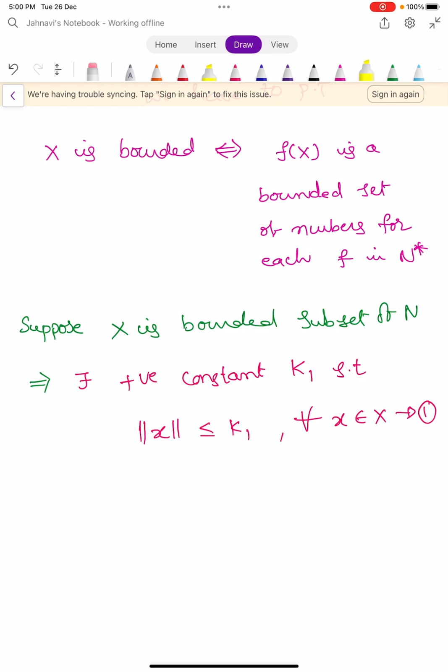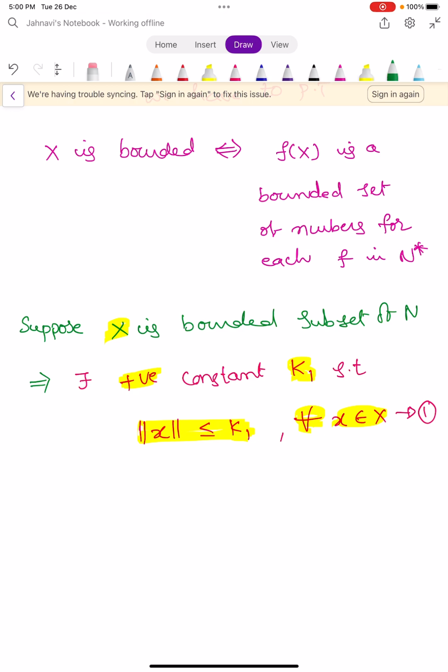This is nothing but the definition of bounded subset.